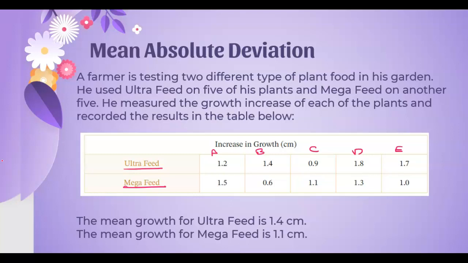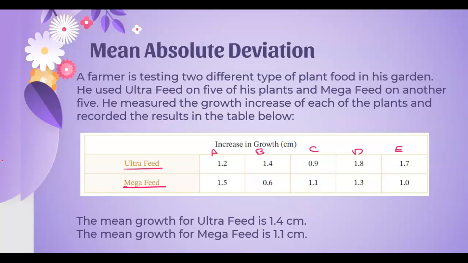But when he used mega feed, look, plant A increased 1.5, B increased 0.6, C 1.1, D 1.3, and E 1.0.